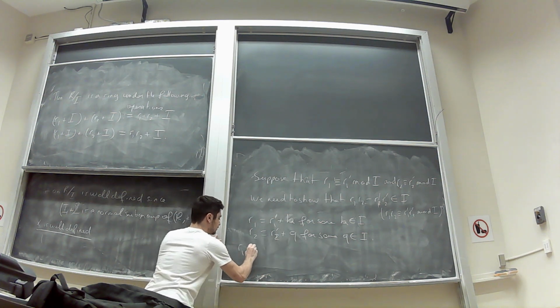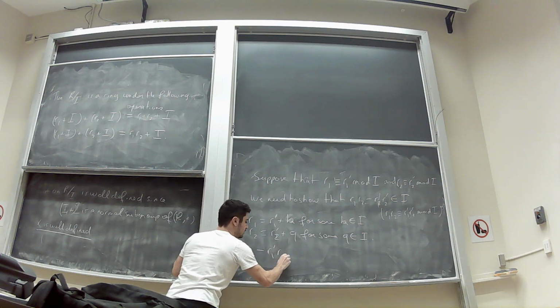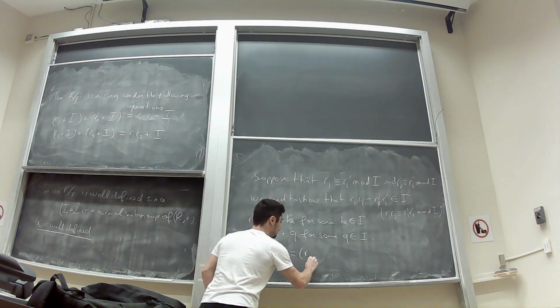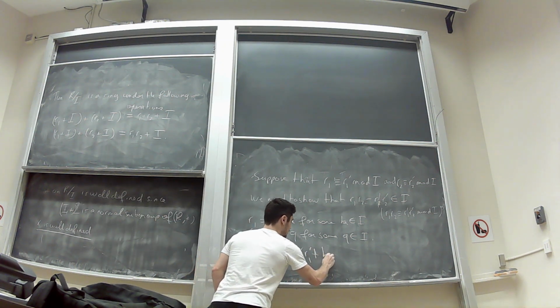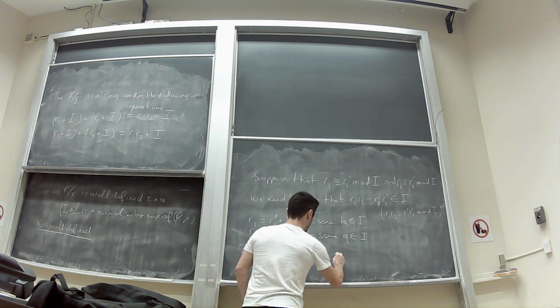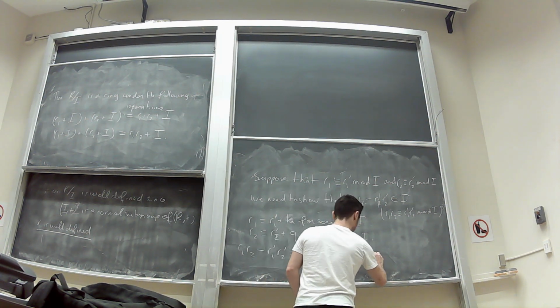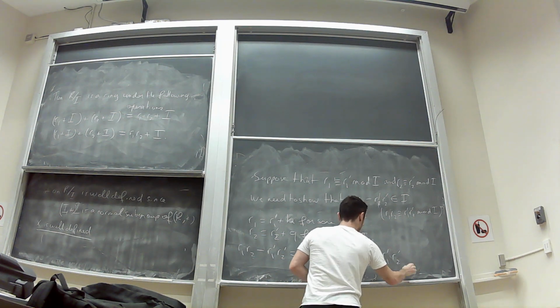What is R1 R2 minus R1 prime R2 prime? Let's look at that. This is just R1 prime plus K times R2 prime plus Q minus R1 prime R2 prime.